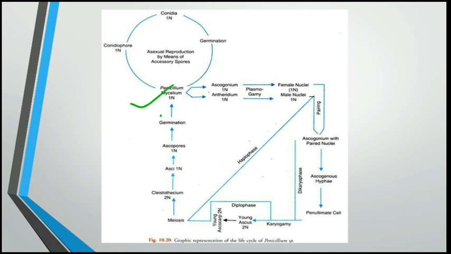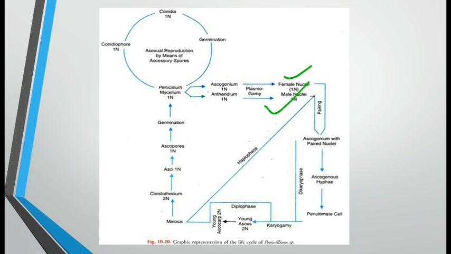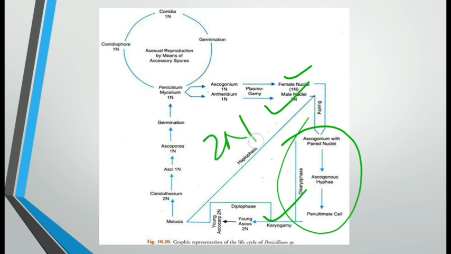So the Penicillium mycelium, which is haploid, develops ascogonium and antheridium, the female and male sex organs, and after plasmogamy, male and female nuclei after pairing form the dikaryophase. After the formation of dikaryon, they fuse with each other by karyogamy, and after karyogamy the diplophase starts, that means 2n, which is very short-lived and represented by the young ascus and ascocarp.